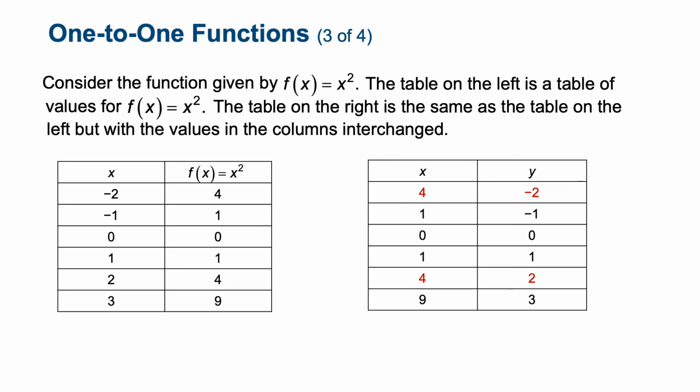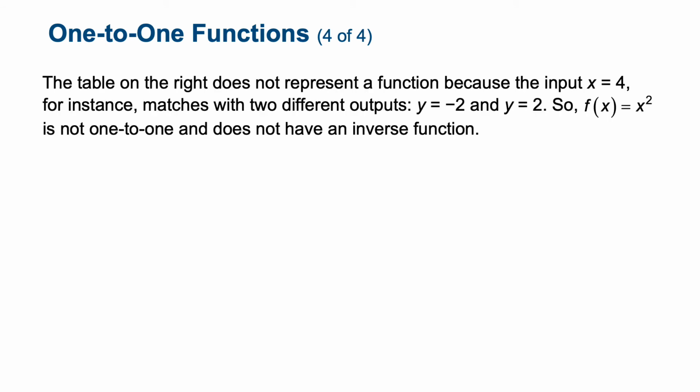So here's 4 to -2 and then 4 to 2. So you have two different values for y when there exists an x. That means the table on the right does not represent a function, because the input has two different outputs. So f of x equals x squared is not one-to-one and does not have an inverse function.